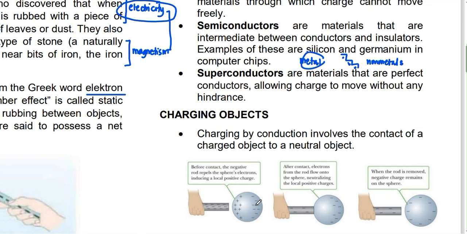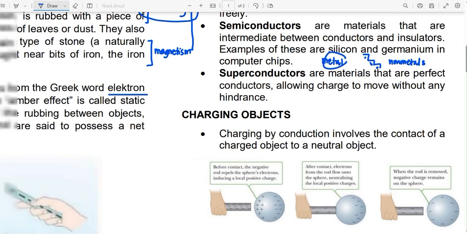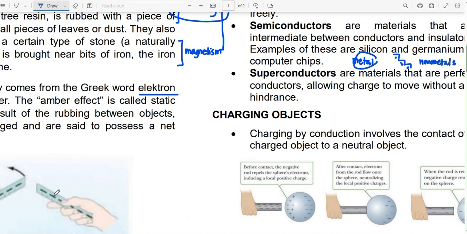And then the object gets charged, let's say for example, by rubbing. In charging by rubbing, why does it become negatively charged? Probably because it was rubbed with a cloth, and upon rubbing with the cloth, the electrons from the cloth were transferred to the ruler.